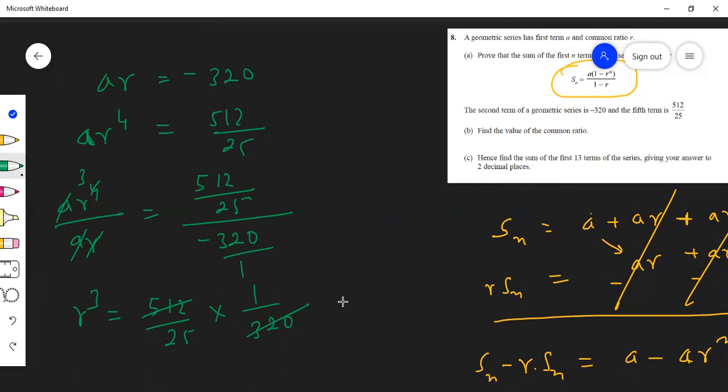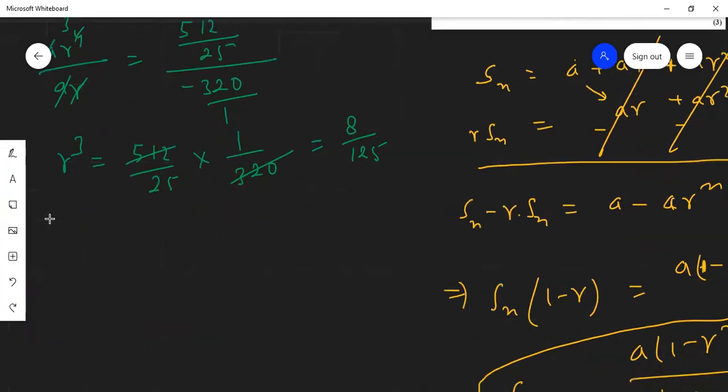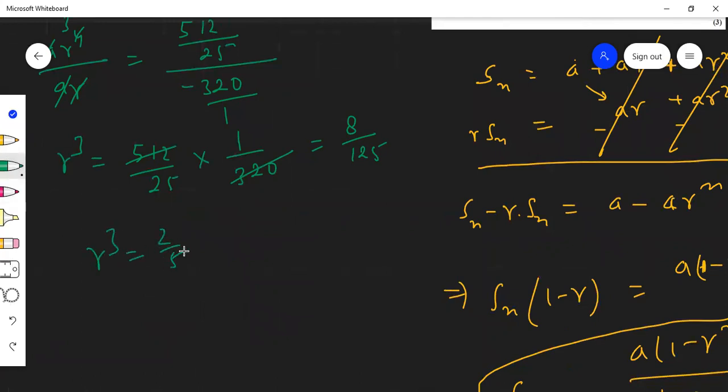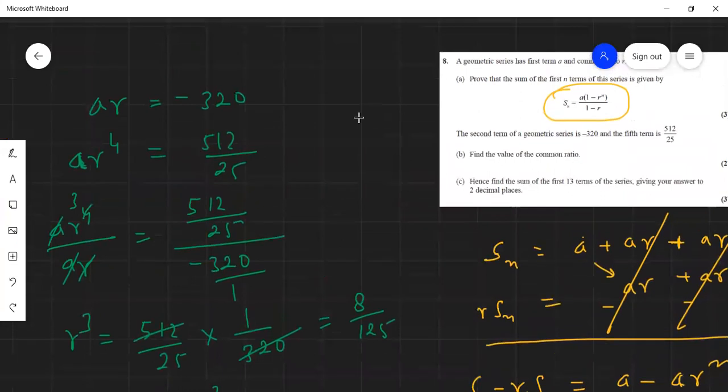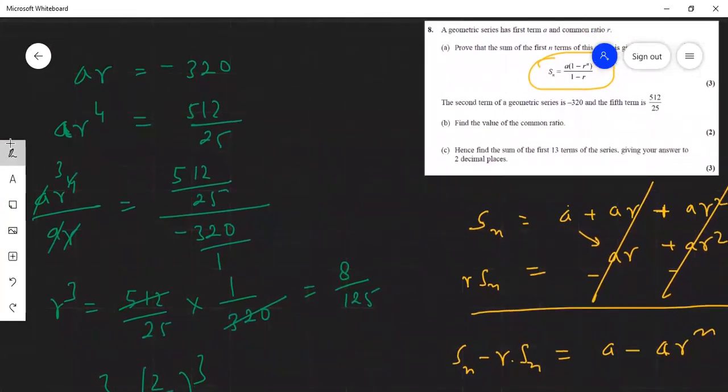So basically this will come to 8 by 125, which can be written as (2 by 5) cubed. So r cubed is equal to (2 by 5) cubed. This will give us r is equal to 2 by 5, so the common ratio is 2 by 5. This is the second part: what is the value of the common ratio? So the B part is answered.